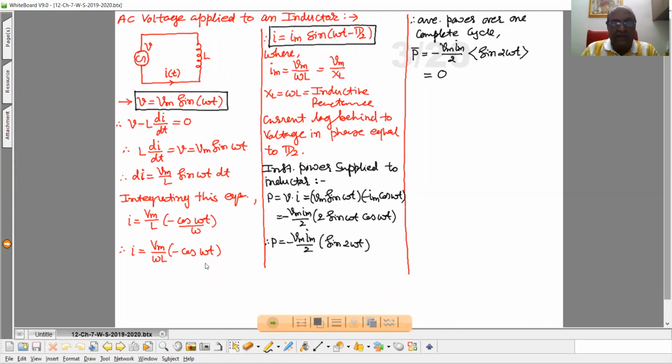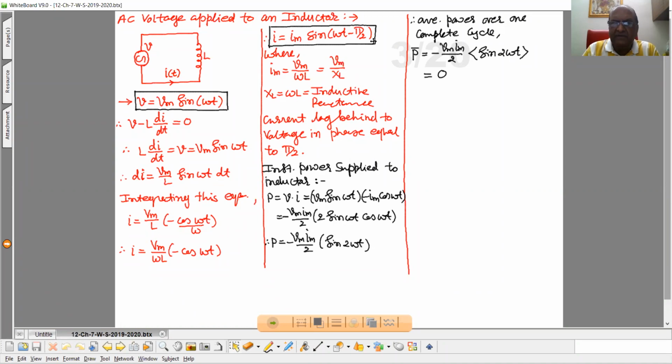But now write down the equation of current in terms of sine function. We know that minus cos omega t we can replace by sine omega t minus pi by 2. So here I we can write as Im sine omega t minus pi by 2.